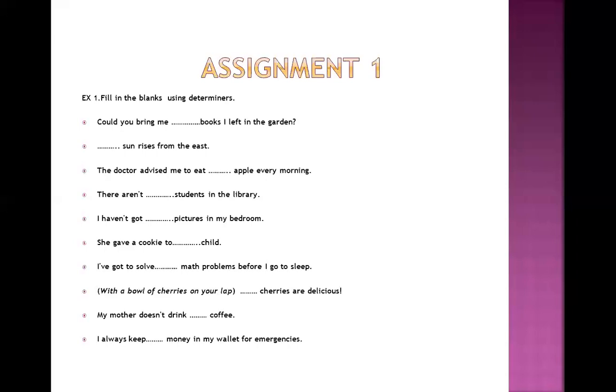In indefinite articles, we use a and an. These articles are used with singular and countable nouns. I had told you about the usage of the indefinite articles as well as the definite articles.